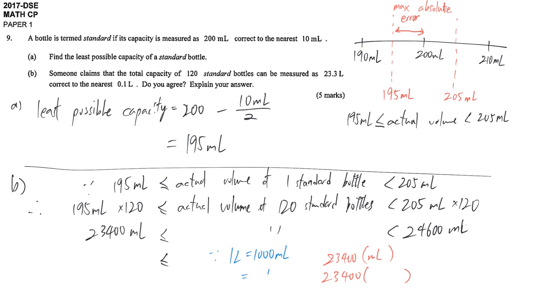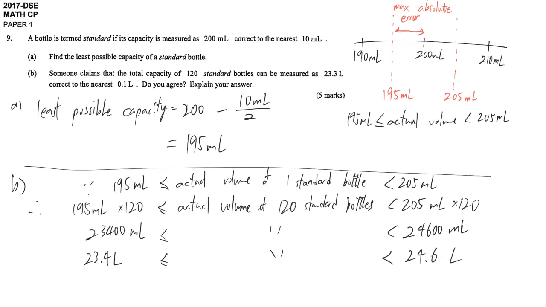That's why 1 ml is 1 divided by 1000 liter. So you may replace ml by 1 over 1000 liter, just like a simultaneous equation. Then you get 23.4 liter, and on the right-hand side we have 24.6 liter.